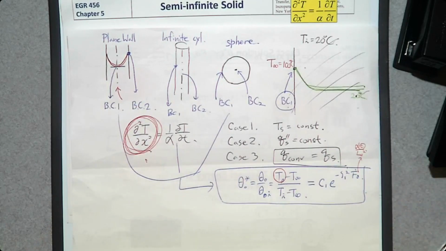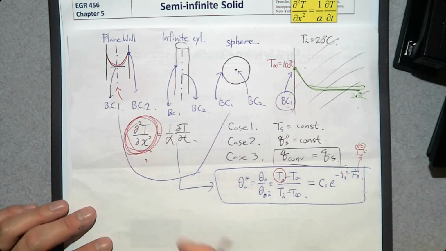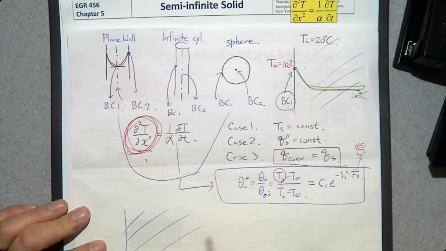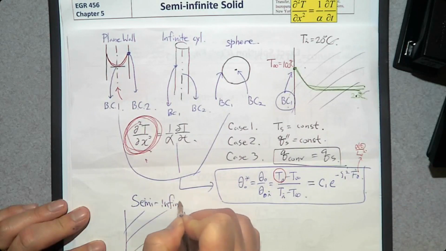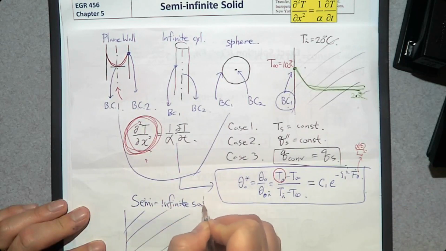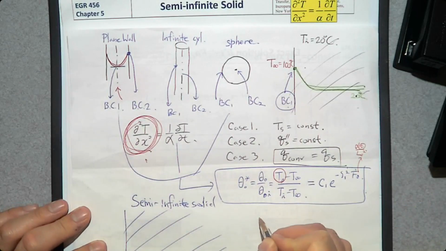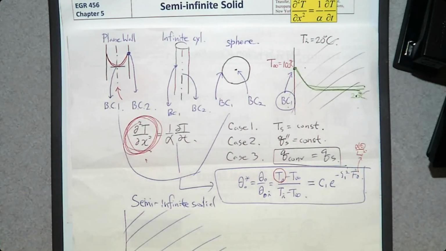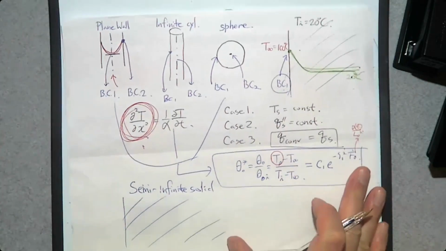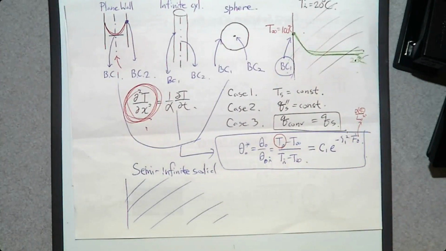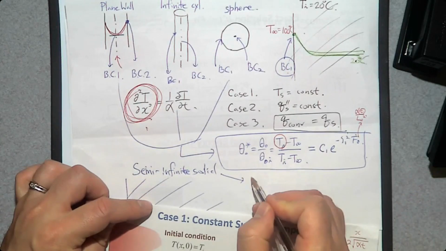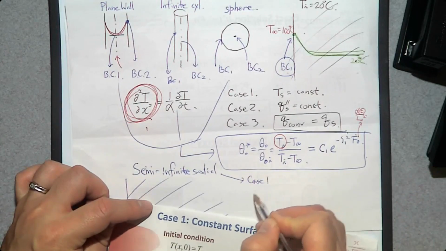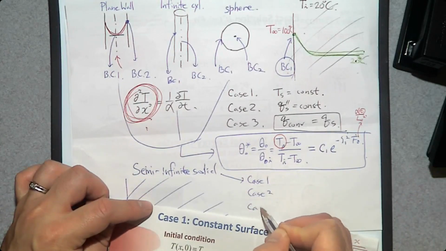Or we can have a semi-infinite solid, and the temperature distribution in this semi-infinite solid can be determined by three different cases. So there are three solutions available: case 1, case 2, and case 3.